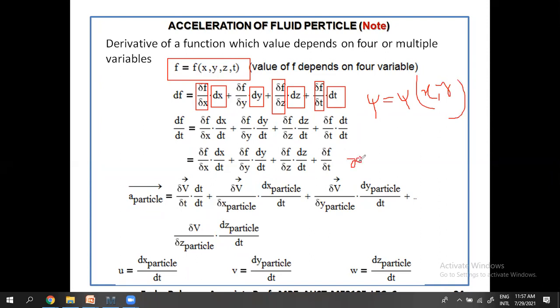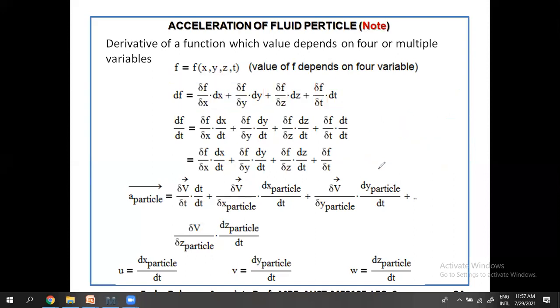We can say d psi will be del psi by del x times dx, plus the next derivative with respect to y times dy. Okay. Similarly, we can differentiate phi too.